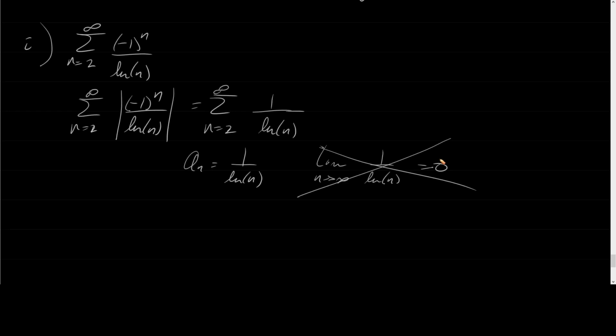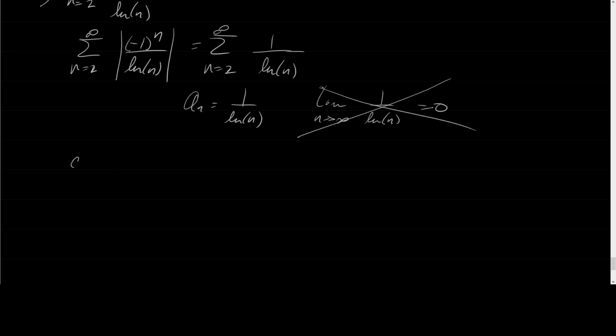Well, let's consider the following. Consider that n in general is greater than ln of n for n being greater than or equal to 2. You could try plugging in some values, but you would see that linear grows faster than logarithmic, right?